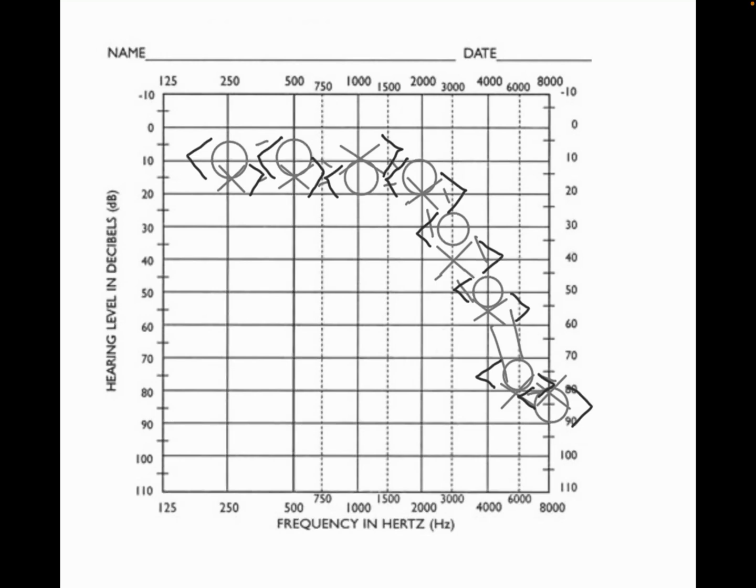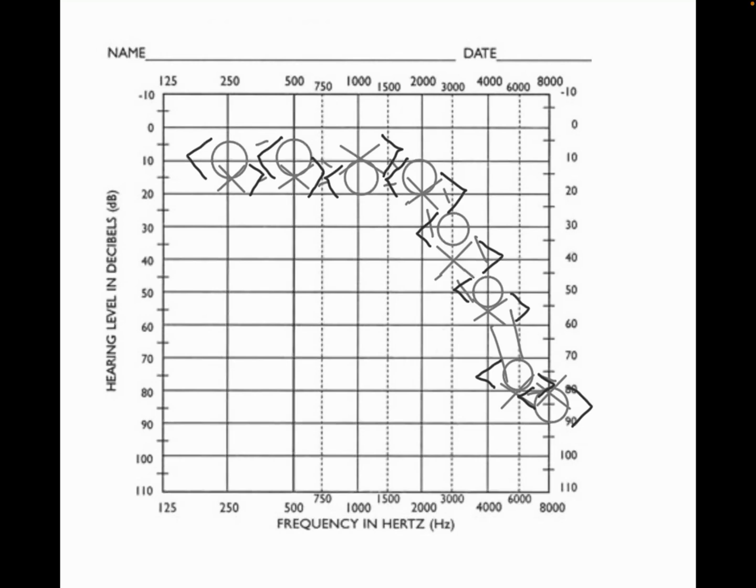And then we know that you have sensory or sensorineural hearing loss because your bone conduction is showing us the same loss as your air conduction, meaning that your loss is coming from somewhere in your inner ear, somewhere really deep.